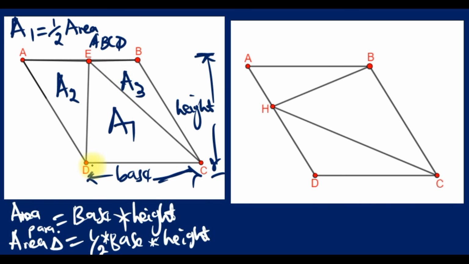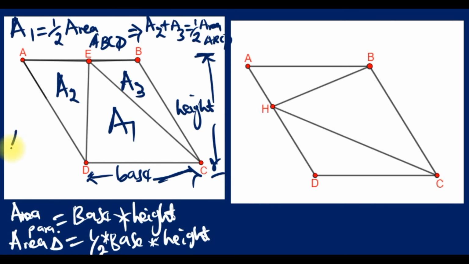Yes, because they have the same base and the same height, so it's half of that. For A1 to be half of that implies that the remaining area, A2 and A3, the sum will also be half the area of the parallelogram. That is half of area ABCD. Because this is half, the remaining will be the remaining half.